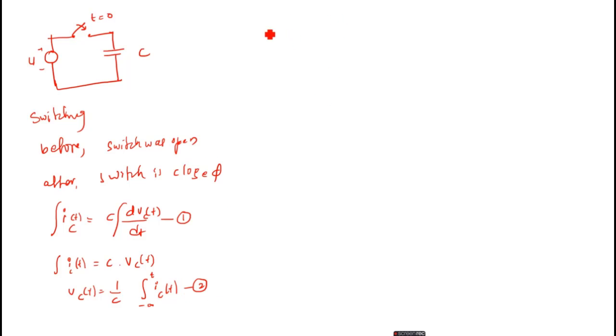So from equation number 2, I can change the limits. Vc(t) equals 1/C times the integration from minus infinity to 0 minus of iC(t), plus the integration from 0 minus to t of iC(t).